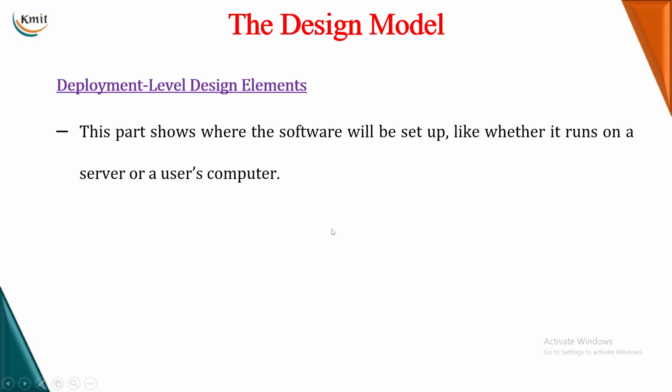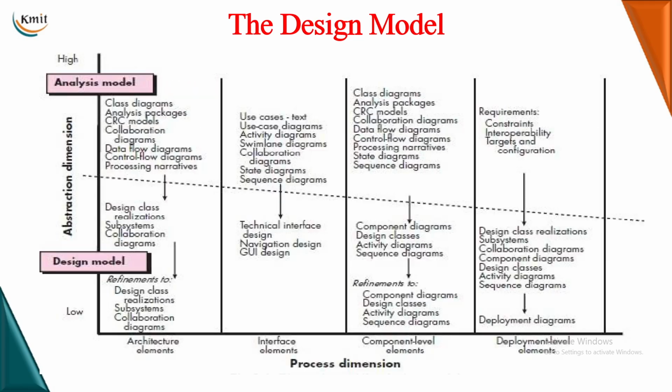For example, is it running on a server, on a user computer, or on a mobile application? Where is the setup of this software? If you are trying to show it in the form of a design, that is called the deployment level design element.